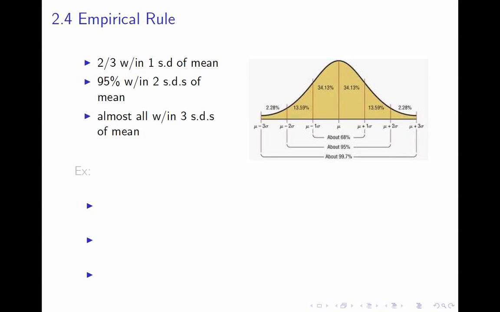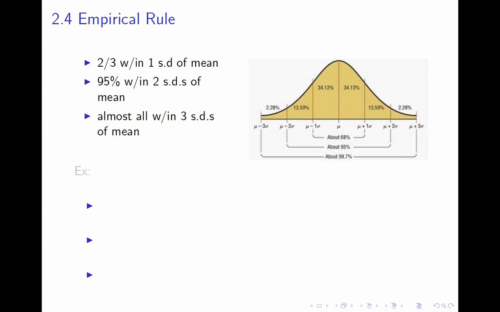Stop, make sure that you see that what I'm saying makes sense, because it's simple but a little bit contorted and unusual. Okay, and then in this figure, which I stole off the internet, they said about 68%. That's about the same as 2/3, and 2/3 is the simpler thing to remember. 2/3 of all that data falls between those two red lines. And if you think about the total mass of yellow in that picture, about 2/3 of it falls between those two red lines.